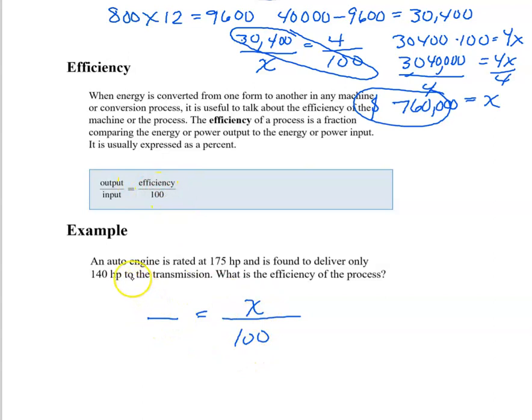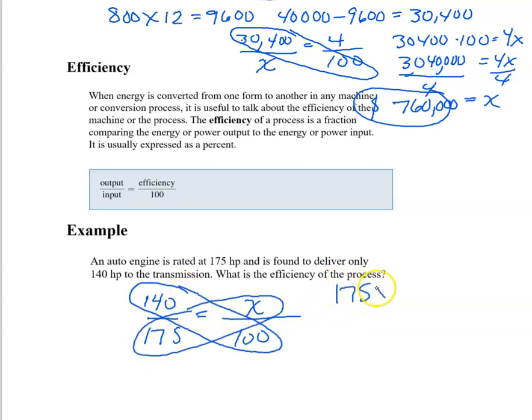We know that the auto engine is rated at 175 horsepower and is found to deliver only 140 horsepower to the transmission. So this is actually what the output is, 140. The input is 175. And so do our cross multiplication.